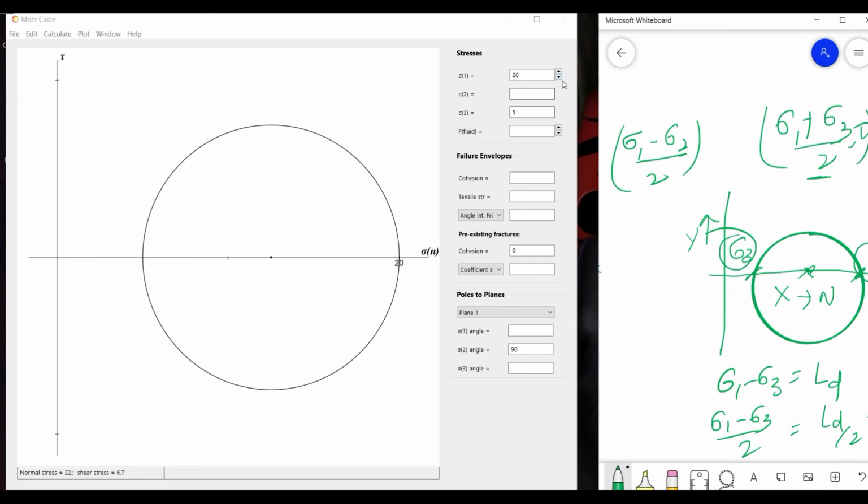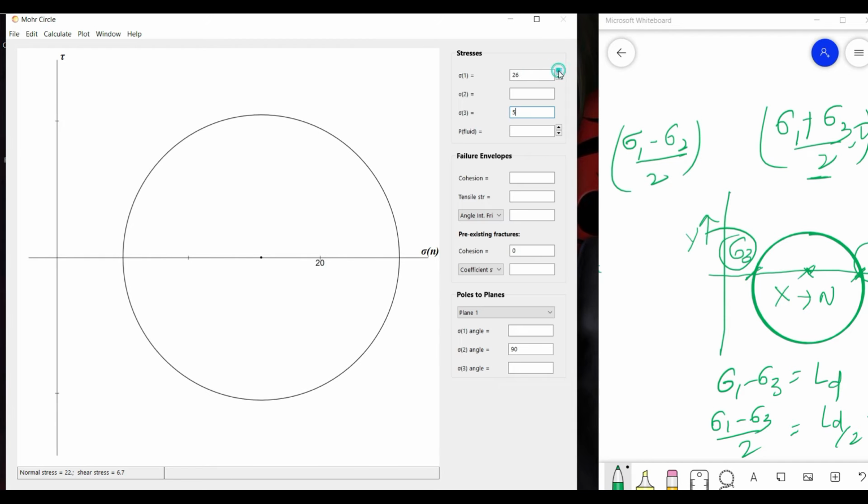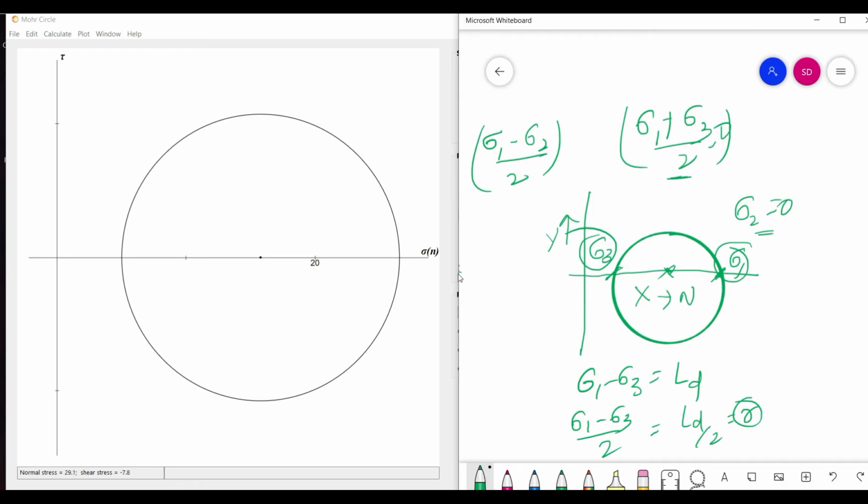One thing to note here is that by increasing the value of sigma 1 at constant sigma 3, like here we had already taken 20, and now I am going to make it 20.5, 21, 21.5, 22, 22.5, and so on. If we increase the value of sigma 1 at a constant value of sigma 3, then the size of the circle is increasing, because we have already seen that the length of the radius is sigma 1 minus sigma 3 divided by 2.